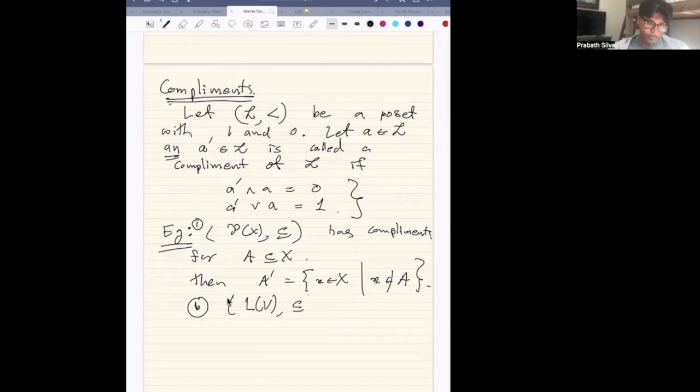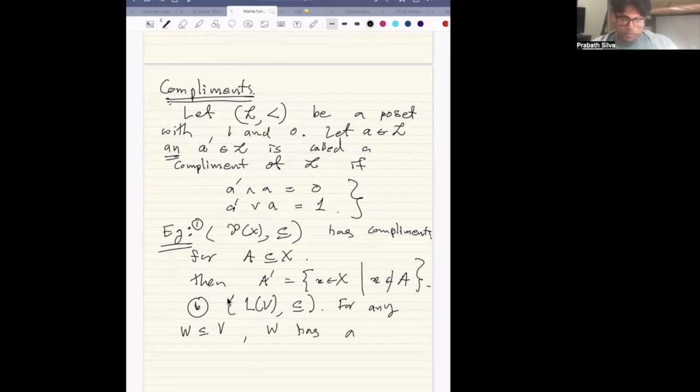Okay. But let me contrast this with this setup, the lattice of subspaces of V. These are our two main examples. In this case, any subspace W has a complement.